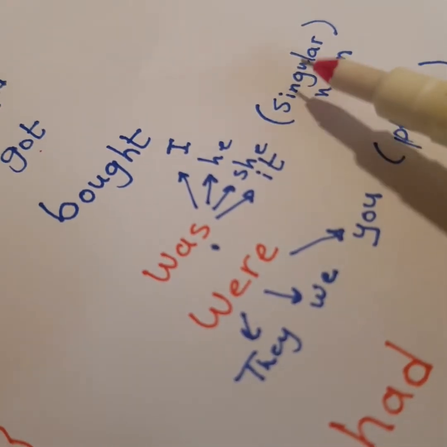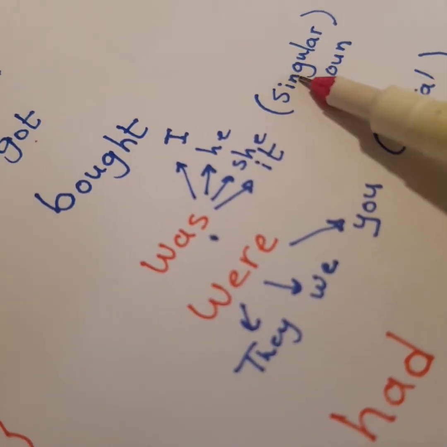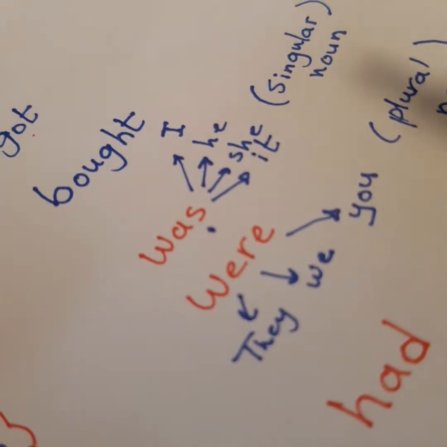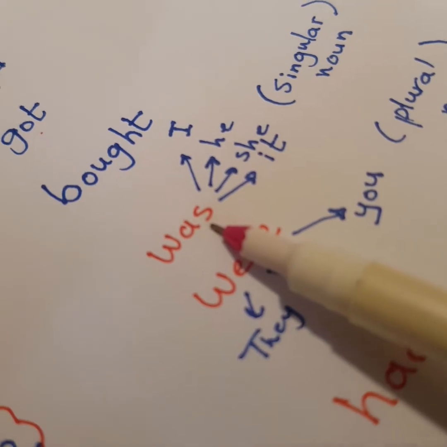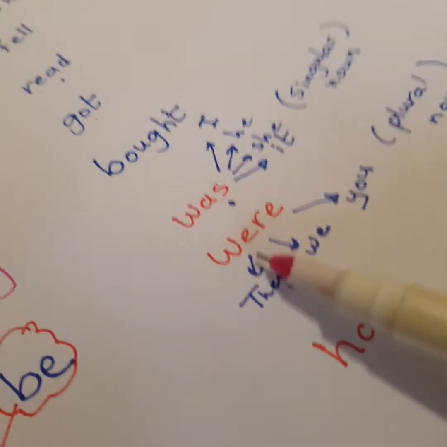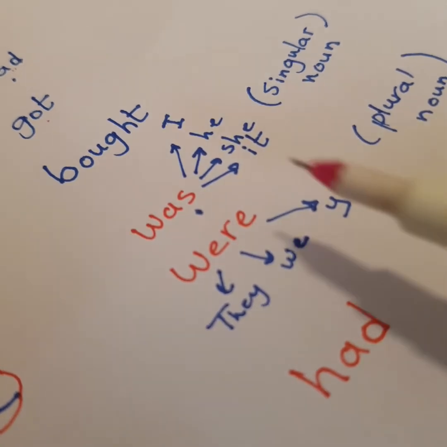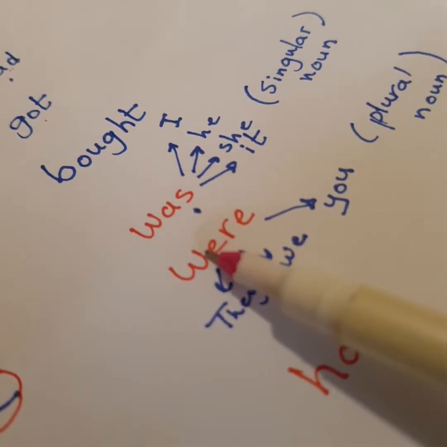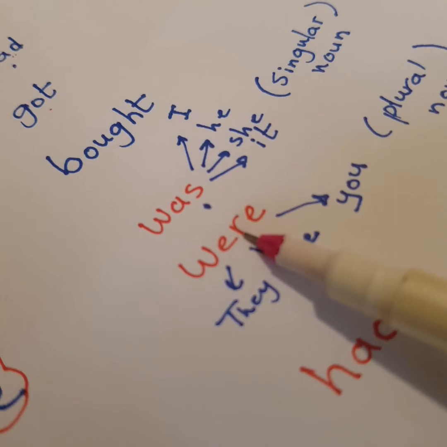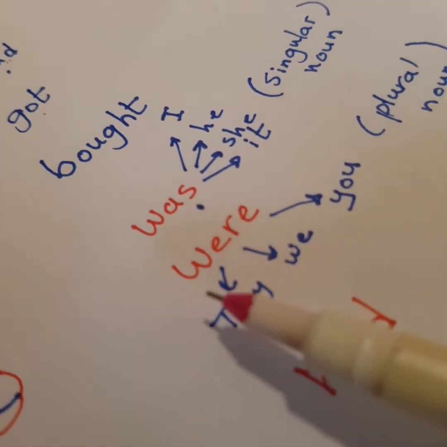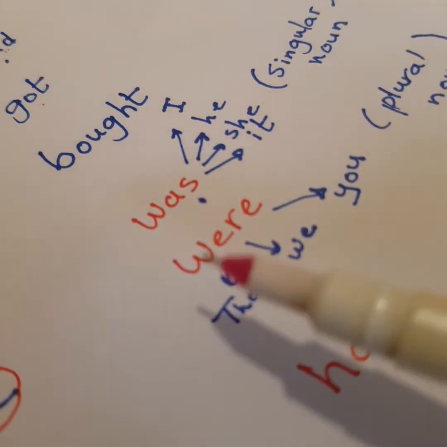For example, for singular nouns, Mark was. The cat was. You were. We were. They were. Mark and Judy is a plural noun, so I use were.